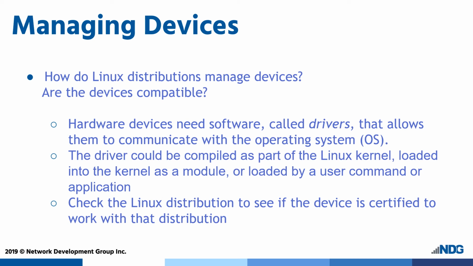The sheer number of different devices poses problems, as these hardware devices typically need drivers, software that allows them to communicate with the installed operating system. The driver could be compiled as part of the Linux kernel, loaded into the kernel as a module, or loaded by a user command or application.